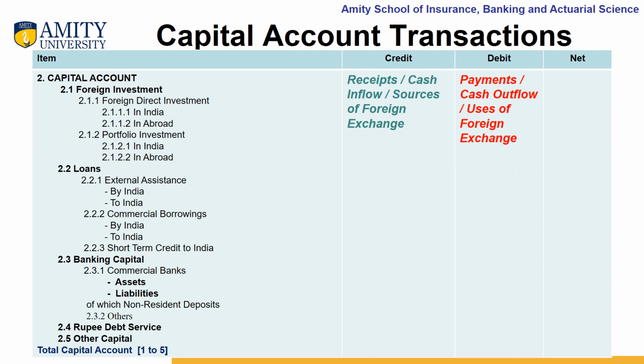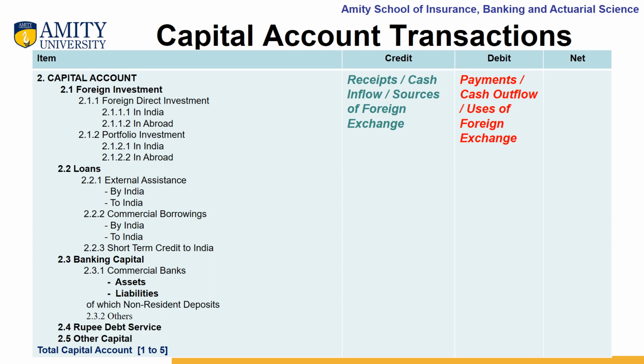In this, we talk about the assets and liabilities of commercial banks, of which non-resident deposits as well as other capital movement. The next category is rupee debt service, and then we have other capital. And if you combine all these five elements, it will make the sum total of your capital account.